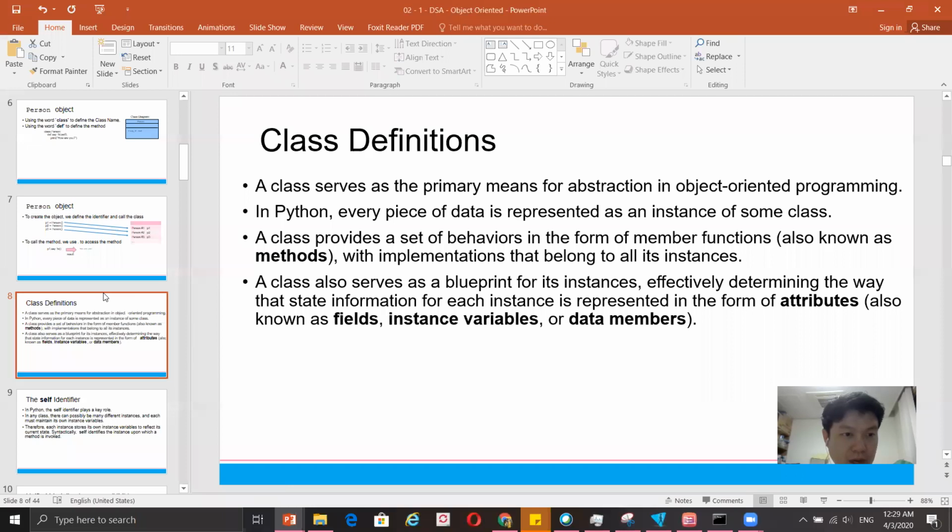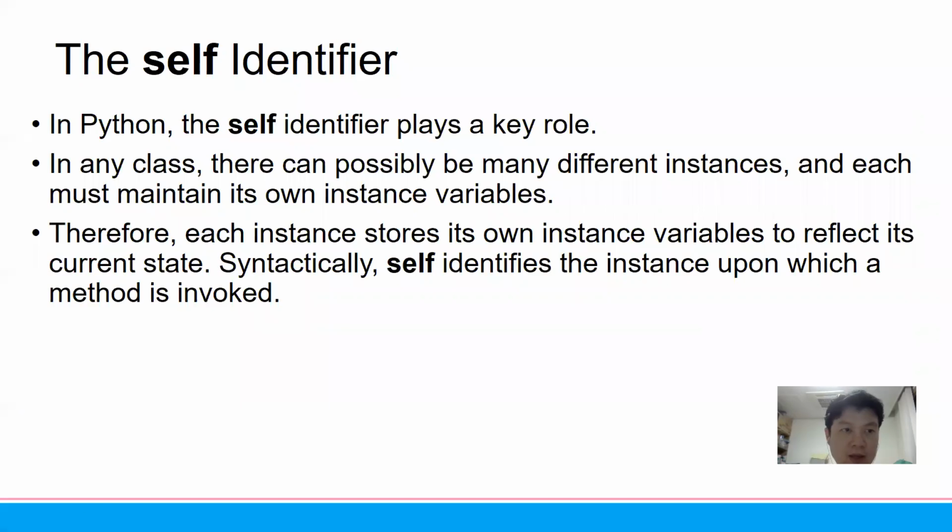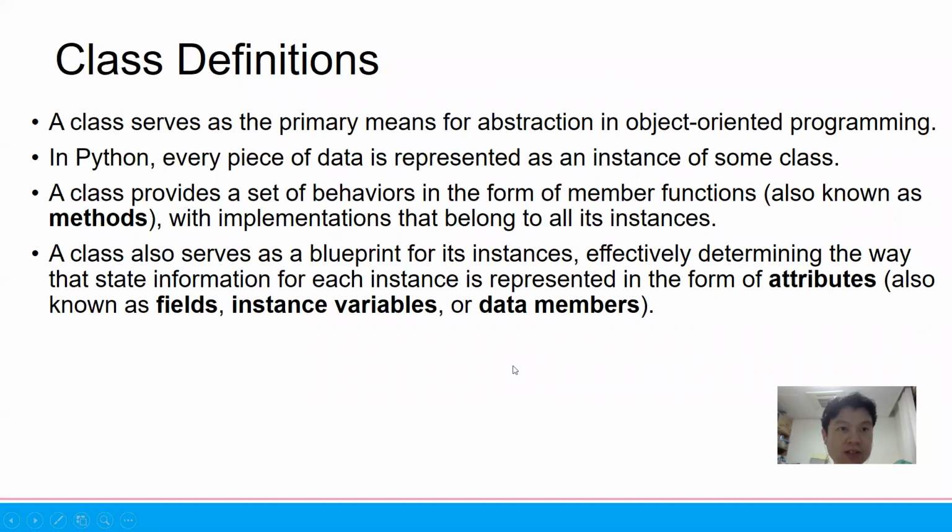So the class definitions: the class serves as the primary means for abstraction in object-oriented programming. So you will see later there will be a lot of classes that we are going to learn, and the class is the primary means for the abstraction. And in Python, every piece of data is represented as an instance of some class.